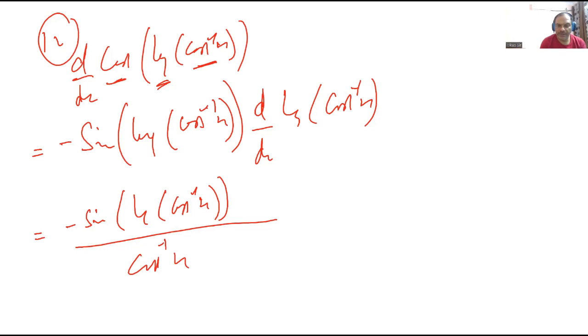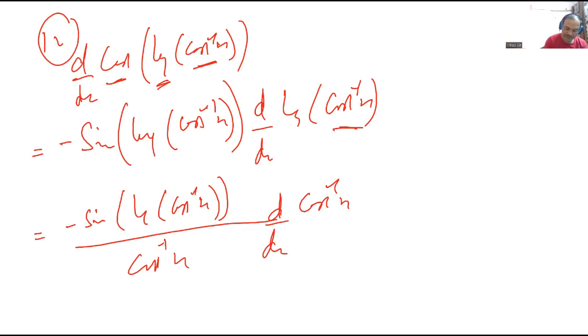Okay? Now, what next? You have differentiated the first cos, you differentiated the middle log. Now you have to differentiate this remaining cos inverse x. Now, we know the differentiation of arc cos x is equal to how much? I'm just writing it here.